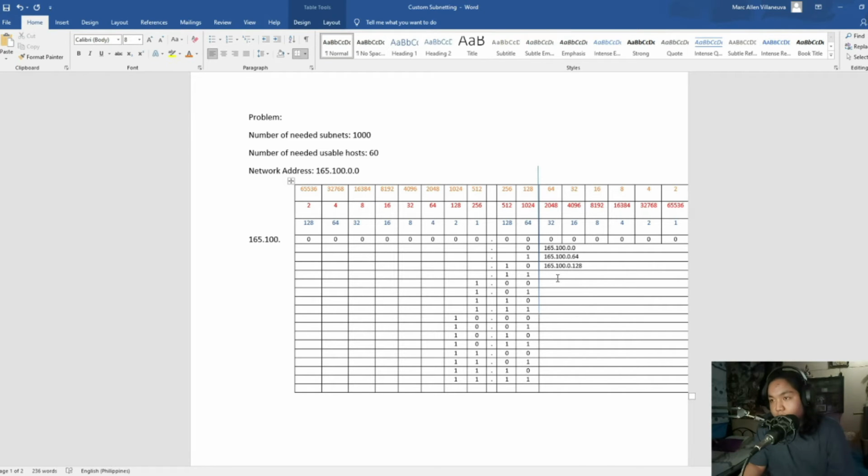Now next we have 165.100.0, since we don't have anything here in our third octet, and since we have two ones in our fourth octet, 128 and 64, we need to add them, so 192. We just continue until we get to the bottom.